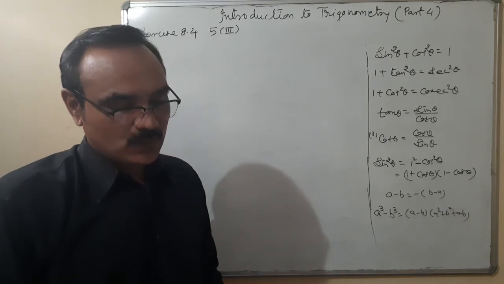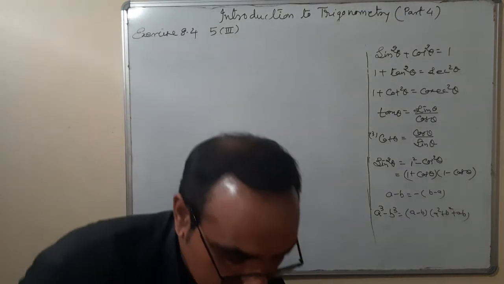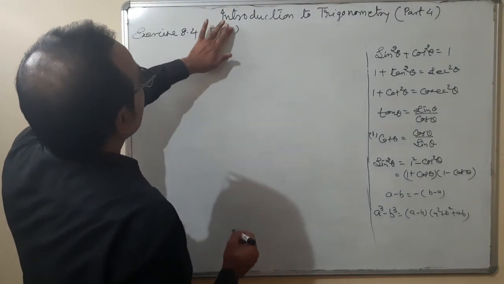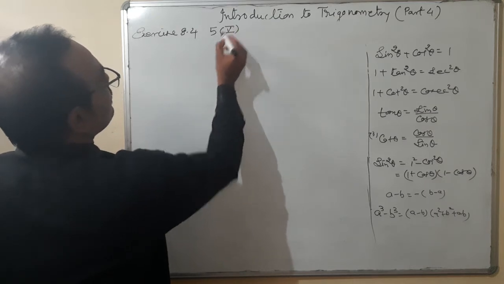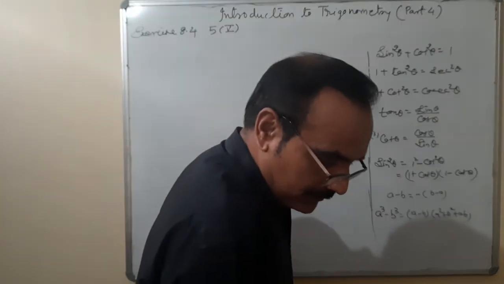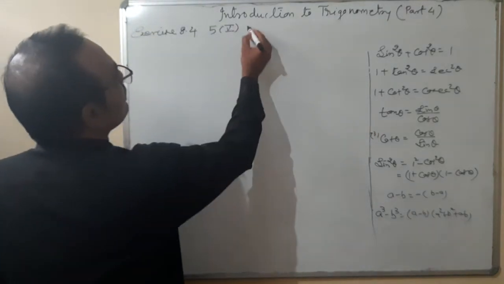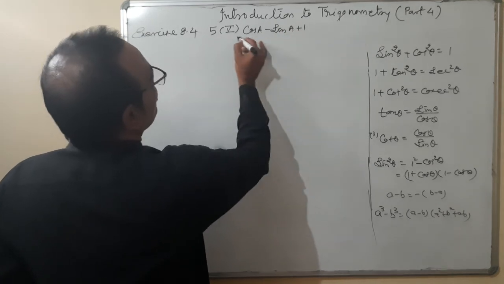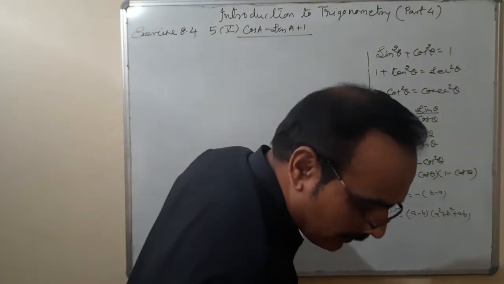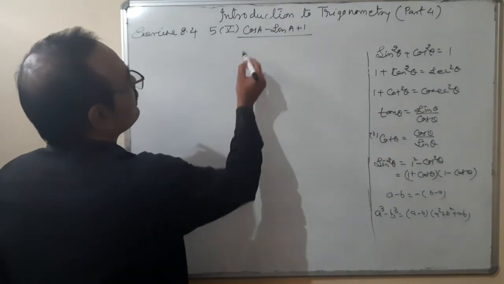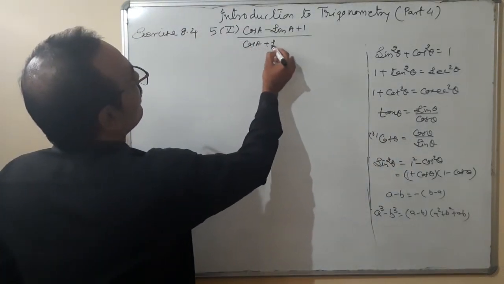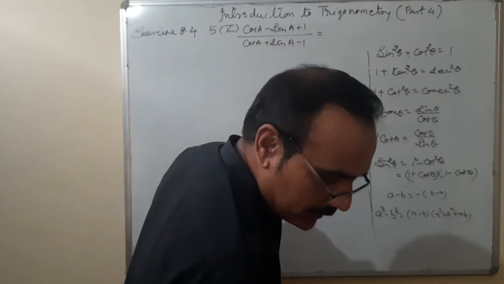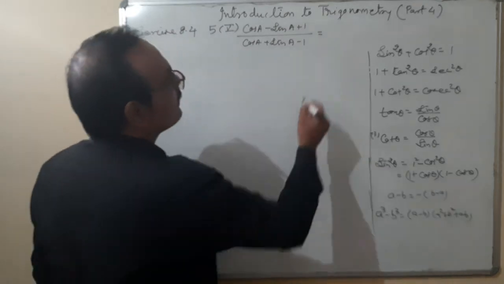Question number 5, part 5. What is it? It is cos a minus sin a plus 1 upon cos a plus sin a minus 1 is equal to cosec a plus cot a.